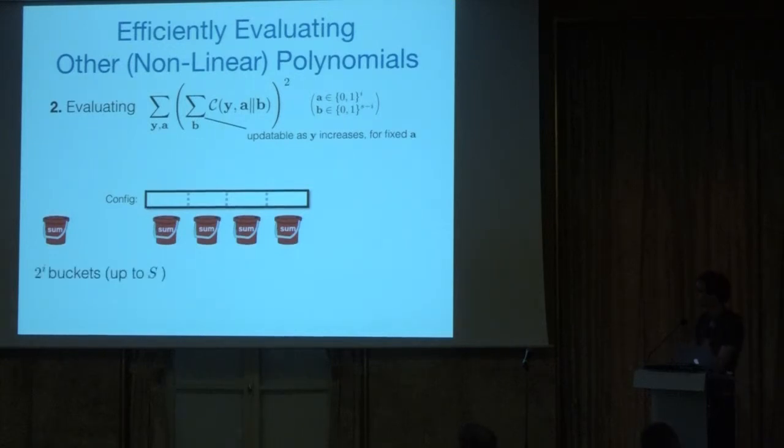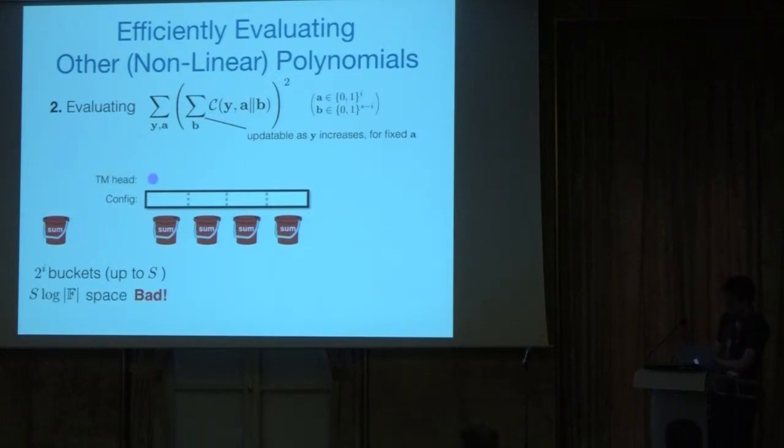The only problem with this is that the number of different inner summations could be too large. You might not even have the space to store a single field element for each one of those.